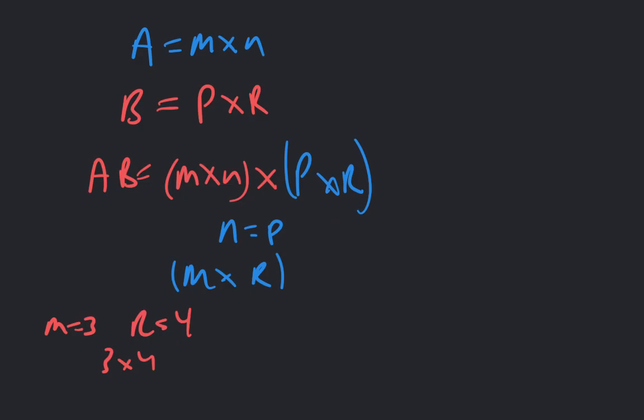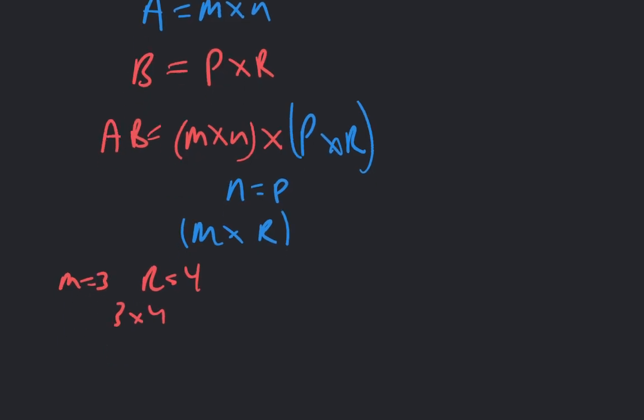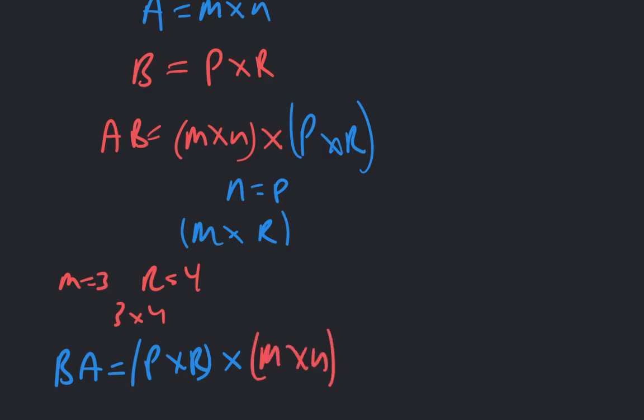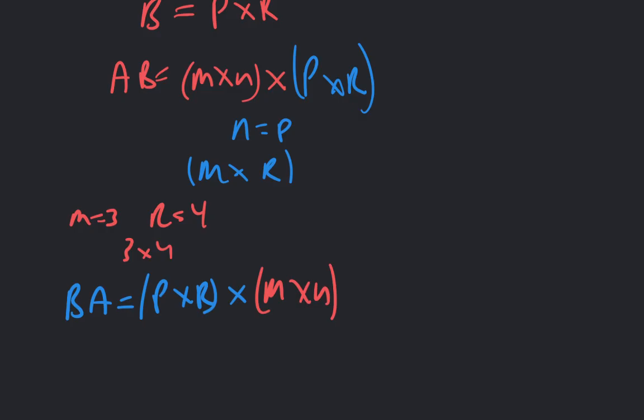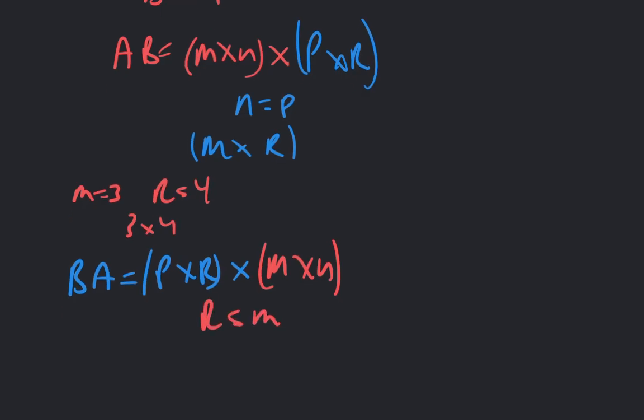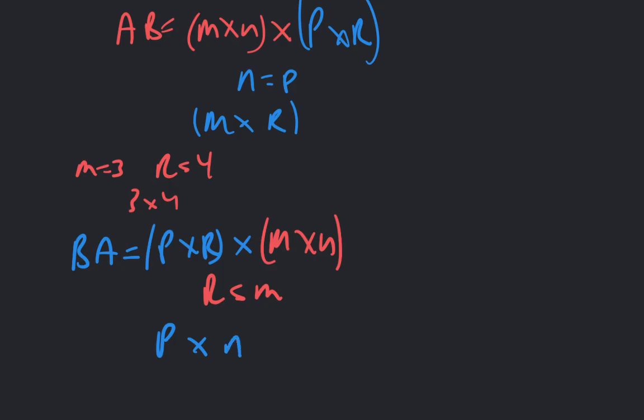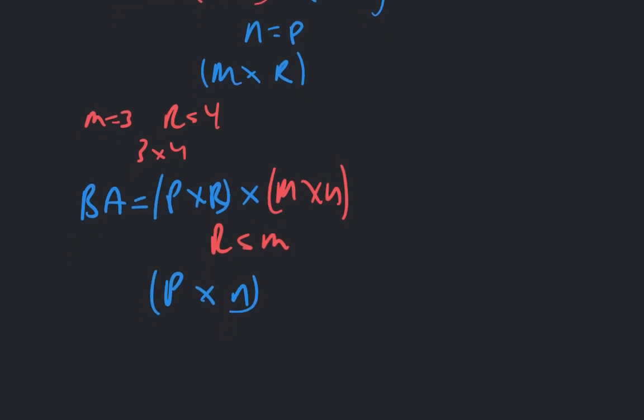And we could easily do BA too, and this would be P times R times M times N. Now R has to equal M, and then we'll get a new matrix P times N. Let's say P is equal to 2 and N is equal to 6.